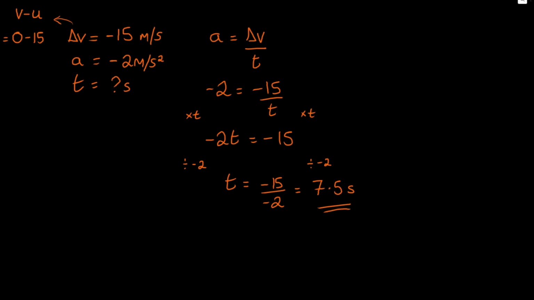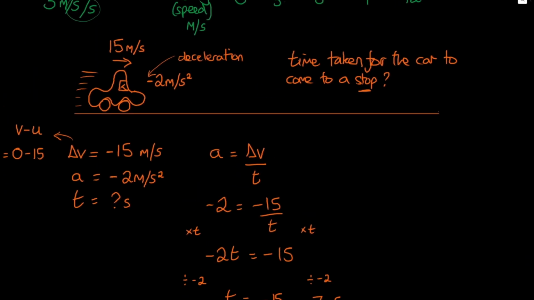So we've done our list, we've done our equation, we've subbed in the numbers and solved, and now we're going to state the answer with the unit in seconds. So this car takes about 7.5 seconds to come to a rest, if it's decelerating with that braking deceleration.